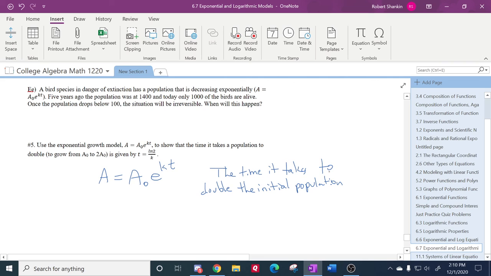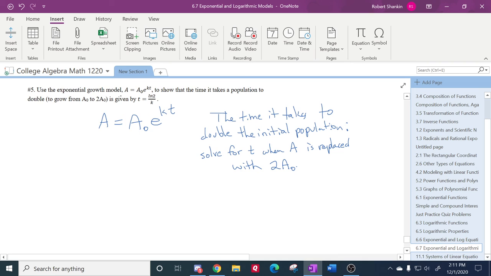the idea is solve for t when A is replaced with 2A0, with twice the initial population.